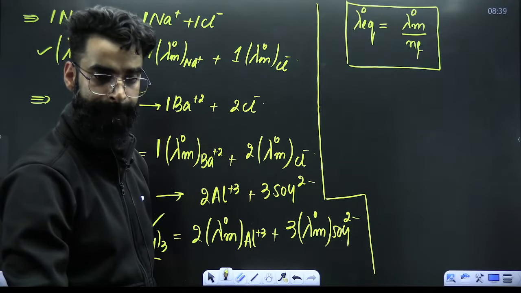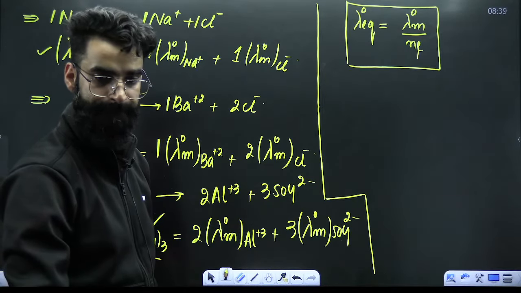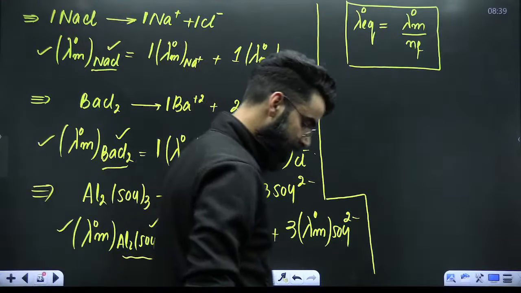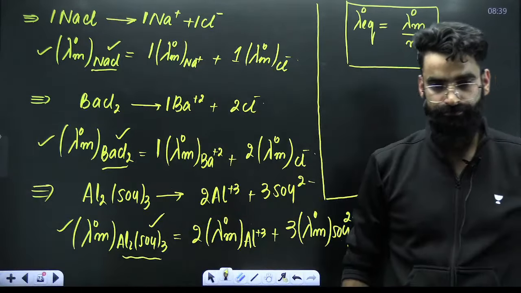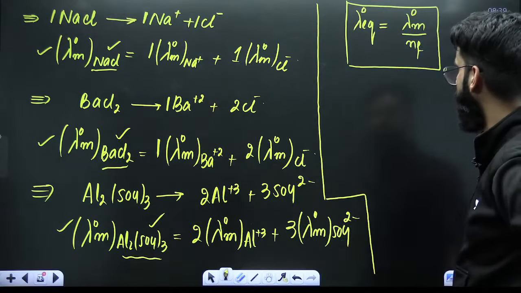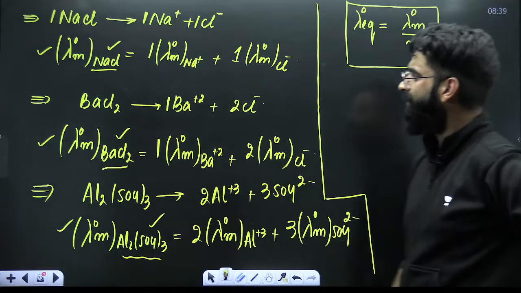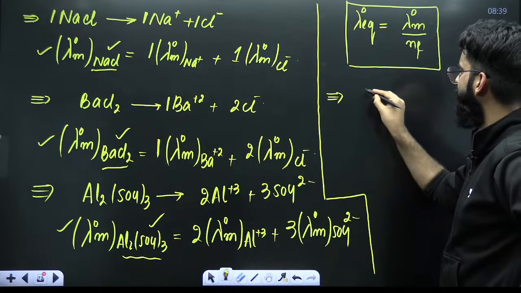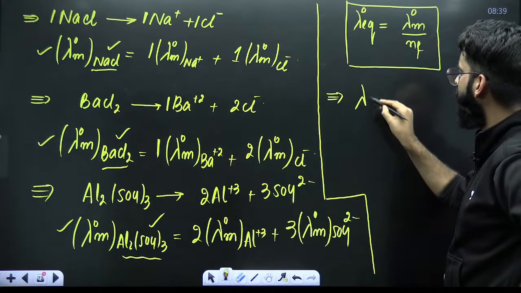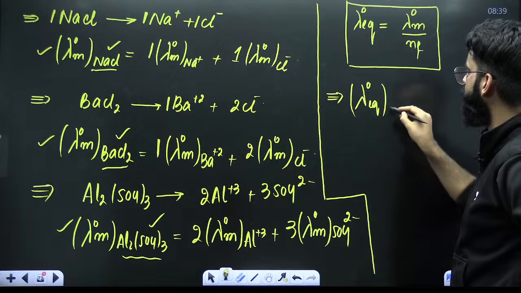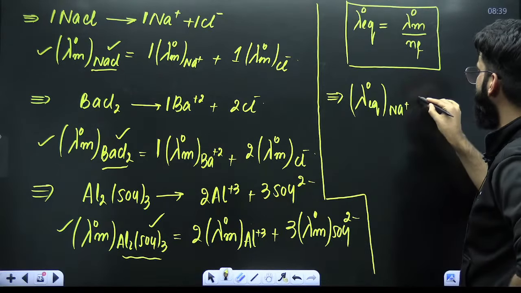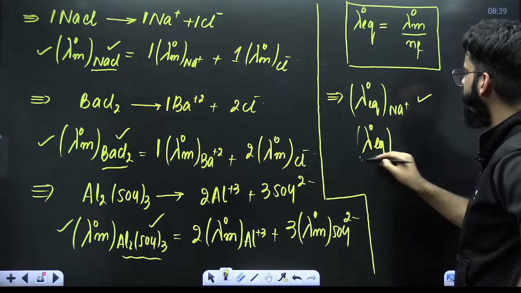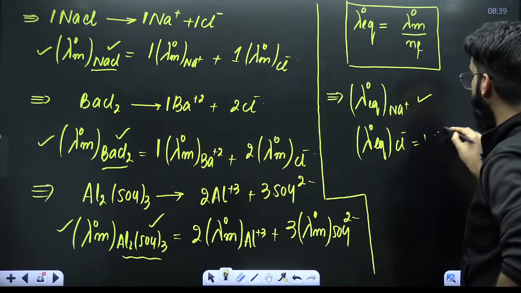Perfect, guys. One more thing. For example, I'm writing a statement like this. Let's say I already know the equivalent conductivity at infinite dilution of Na positive. I already know the equivalent conductivity of Cl negative at infinite dilution.